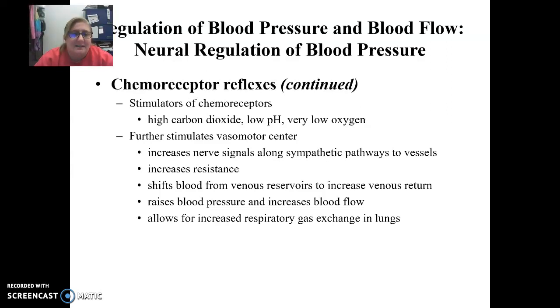So if your carbon dioxide levels are high, then your pH levels are low. They are inversely correlated. If your carbon dioxide starts going down, pH is going to rise. They're completely inversely correlated. And then oxygen levels have an influence, but not nearly as much as other things.